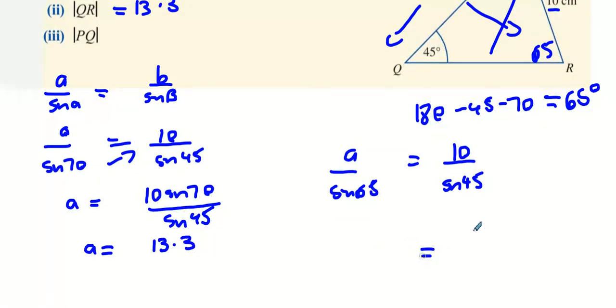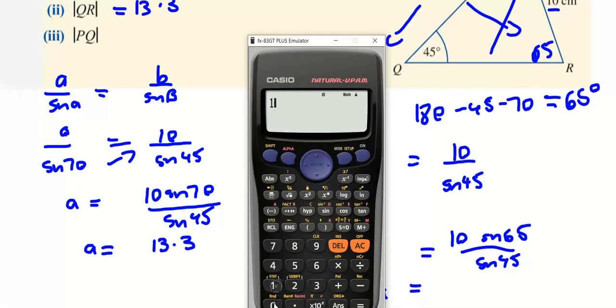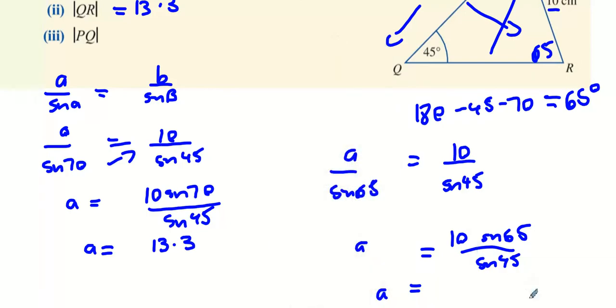And then what we're going to get is A equals 10 sine 65 all over sine 45. A equals 12.82. So 12.8, correct to one decimal place.